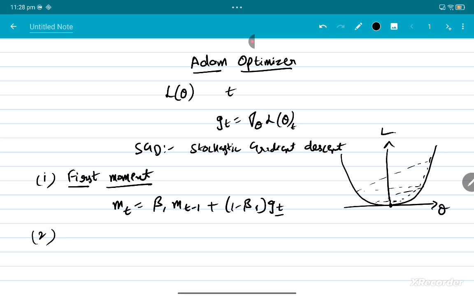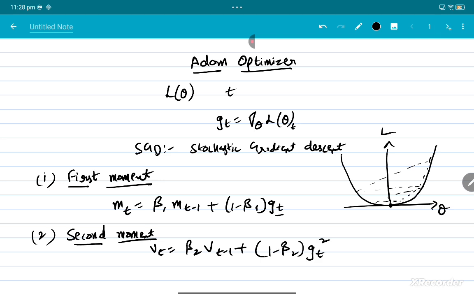Next, it also takes into account the second moment, which is given as v_t equals beta 2 times v_(t-1) plus (1 minus beta 2) times g_t squared.